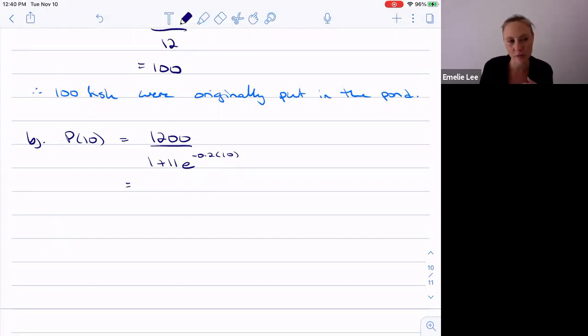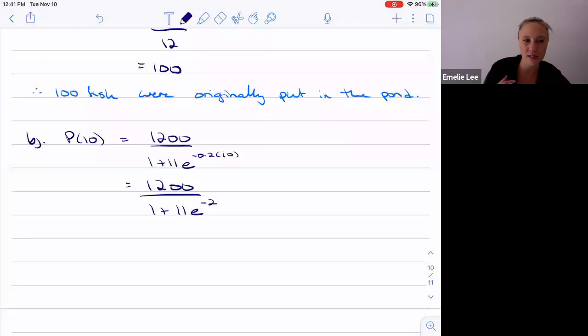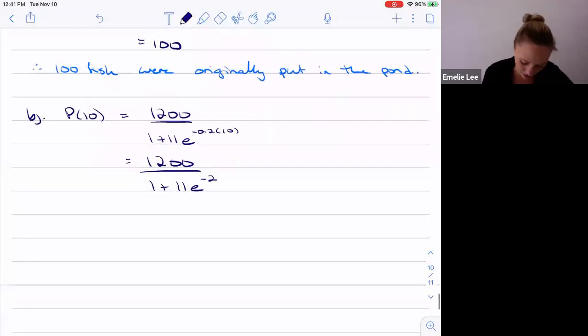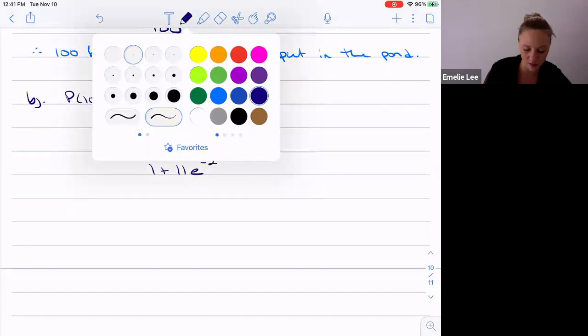You don't have to show this much work, but it's just in case you're referring back to it, so it's got the step-by-step of how I approached it. So e to the negative 2 is roughly 0.1353, and keep as many decimals as you can.